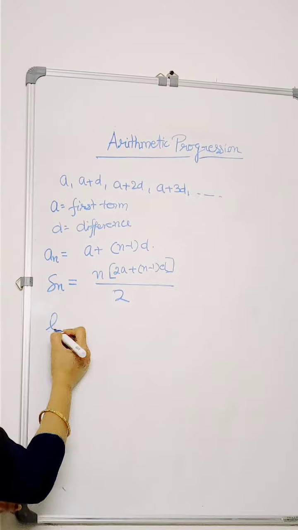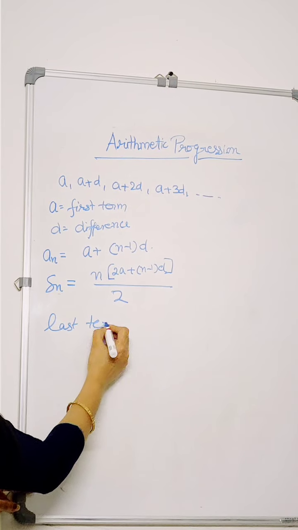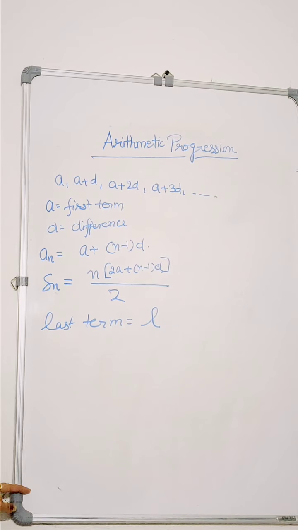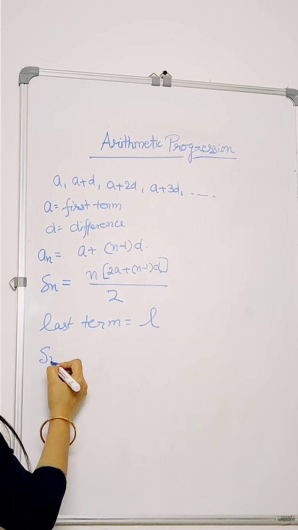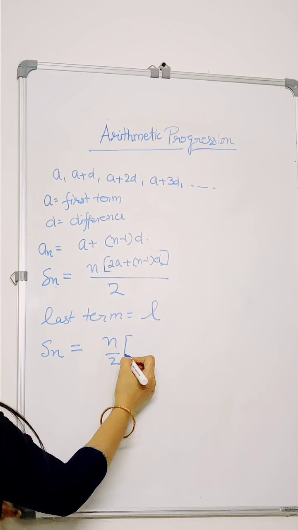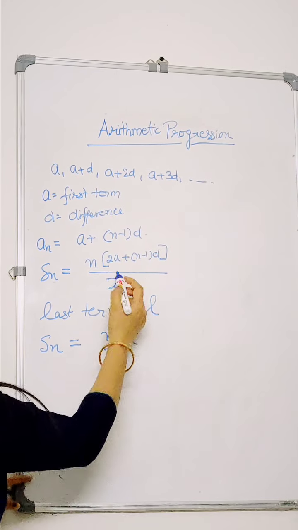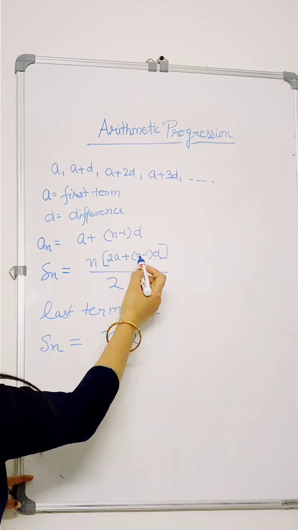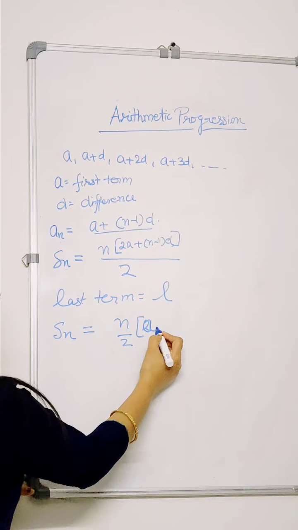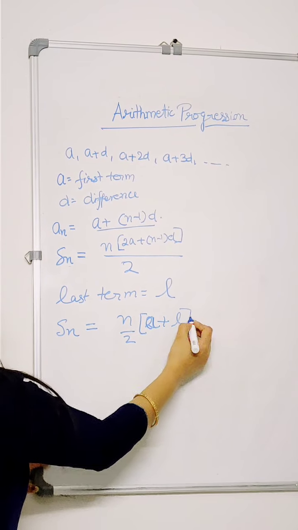Suppose the last term is equal to L. If the last term L is given in the question, then the sum of n terms is equal to n by 2 into 2a plus n minus 1 into d, and we know that a plus n minus 1 into d is L. Then it is n by 2 into a plus l.